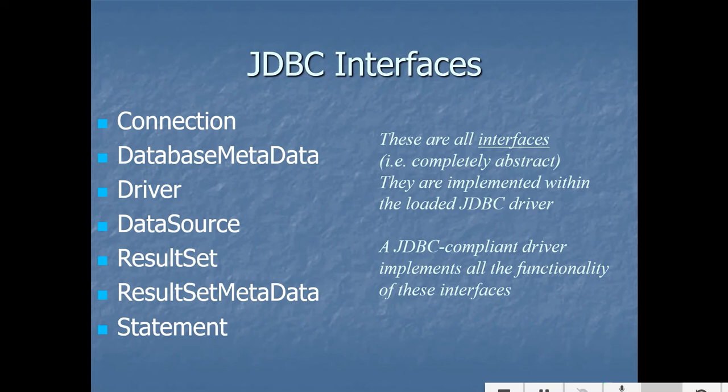We have 100% class abstraction happening here with the interfaces, because all we get is the signatures of the methods that we're supposed to call. There's this thing called DatabaseMetaData. We're going to be looking at that. Driver, data source, result set is going to be very important, as is result set metadata, as is statement. These are all going to be very important for us.